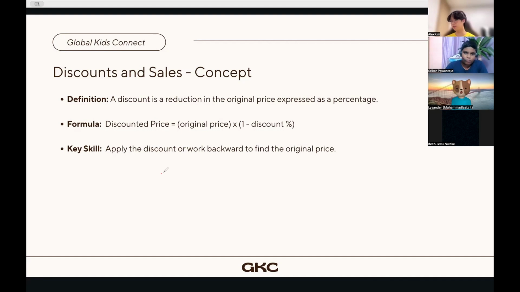So let's say something is on a 20% discount. Then this means, like we did for increases and decreases by percentage, a decrease by that percentage of the original value.